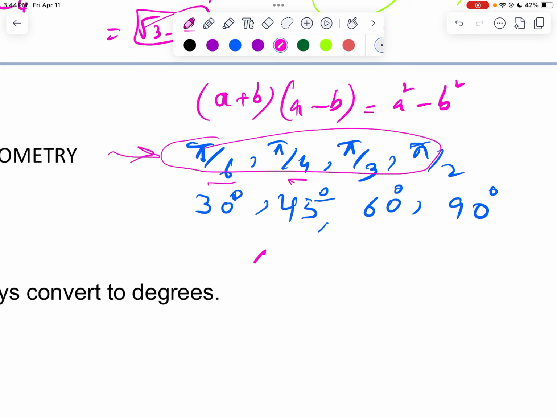So if I have pi over 6 plus pi over 4, the denominator will be 12. By the way, pi over 6 plus pi over 2, the least common denominator will not be 12, it will be 6. So this won't work.